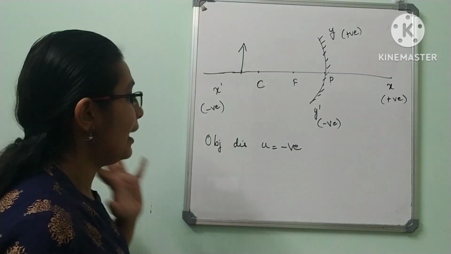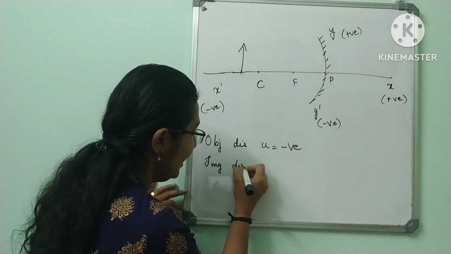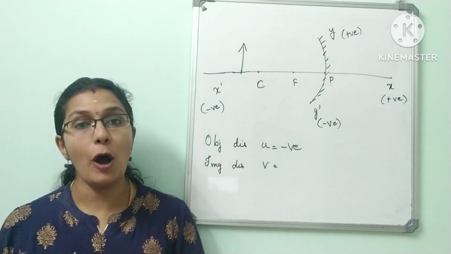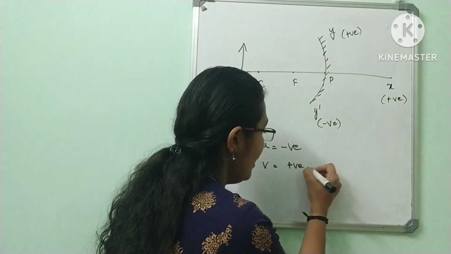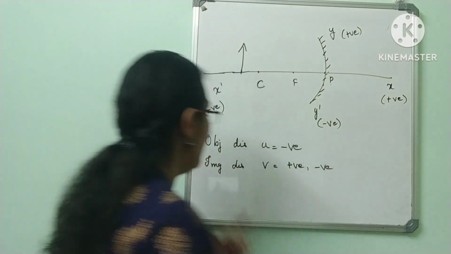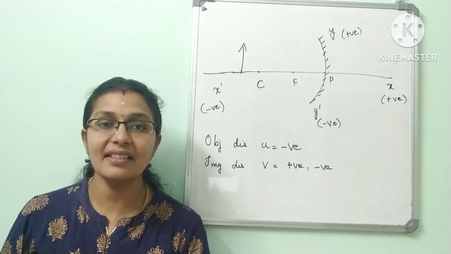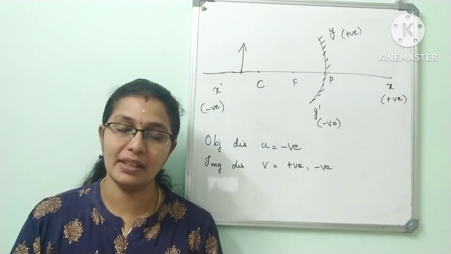Yes. Now next is image distance, right? Image distance v may have a positive or negative value. In case of a concave mirror, you may have image distance as a positive or negative value. Just remember the 6 cases or the 6 positions where the object is placed.